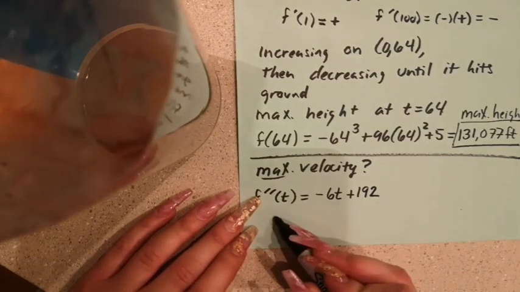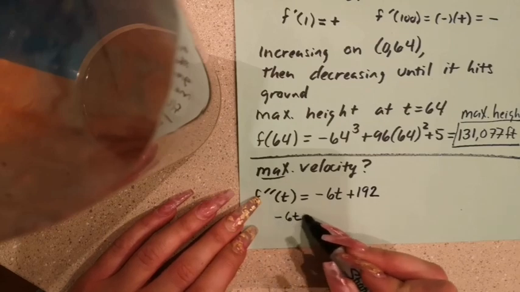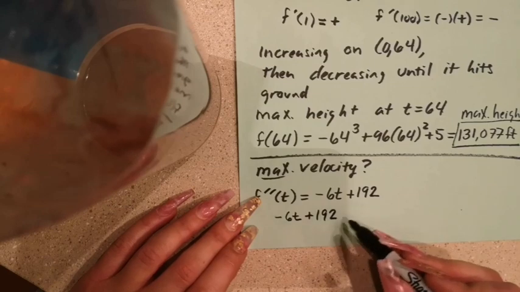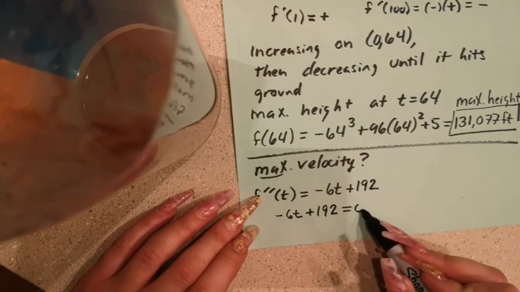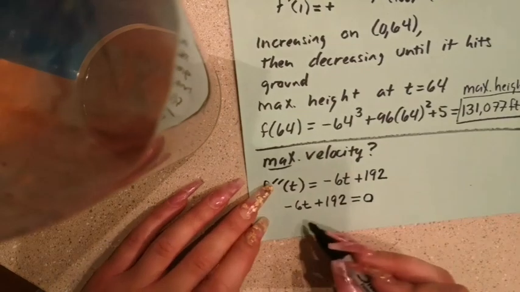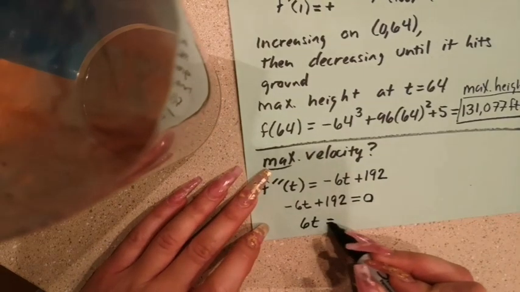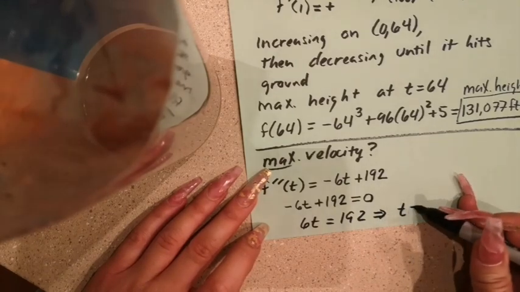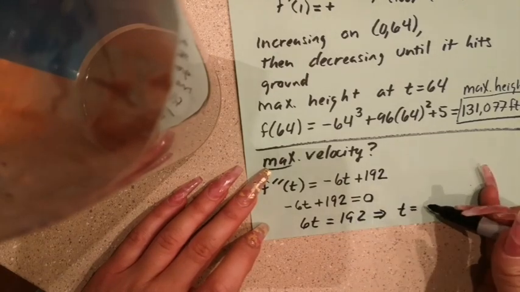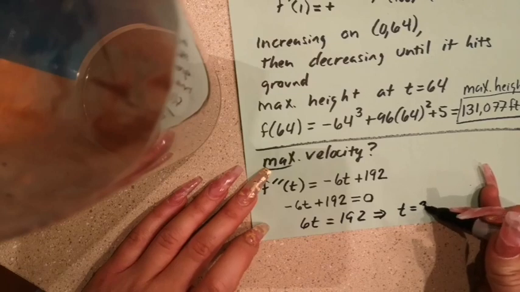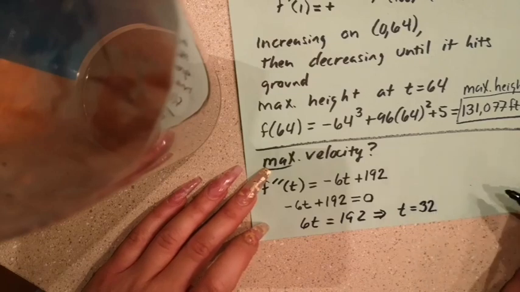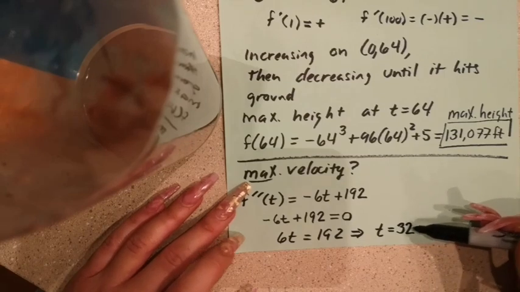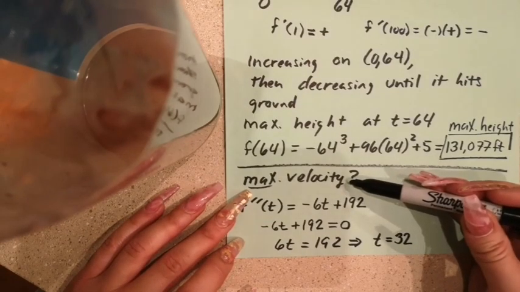So my second derivative would be what? Let's see, it'd be -6t plus 192. Okay, so if I set this to 0, get negative 6t plus 192 equals 0. 6t equals 192. So t equals, what is that, 192 divided by 6? 32. Okay, so at t equals 32, at 32 seconds, the max velocity is reached.